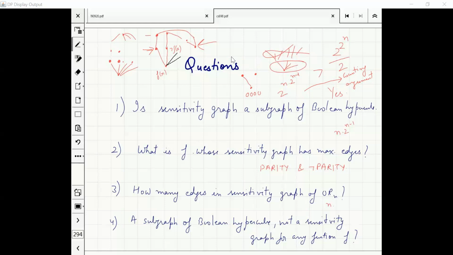I think the point is that these are the only edges. For a symmetric function, in the first layer, either everything is an edge or nothing is an edge. Right? So whoever told me this graph, on the left top, do you have an argument for why this can't be a sensitivity graph?